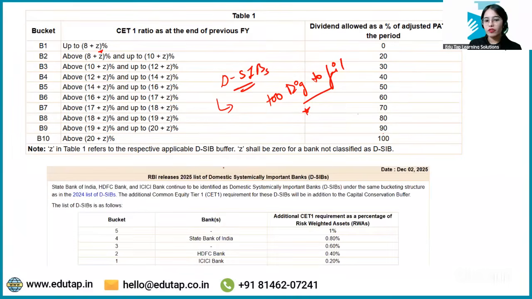So this is the list of the domestic systemically important banks. These are the systemically important banks. Okay, State Bank of India, HDFC Bank, ICICI Bank. Because State Bank of India is the highest one, it has to maintain the additional common equity tier 1 capital. All the other banks have to maintain the common equity tier 1 of 5.5% plus the capital conservation buffer in the form of common equity tier 1 of 2.5%.